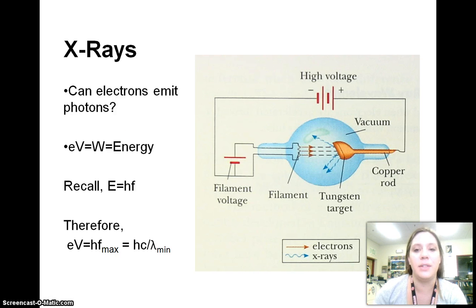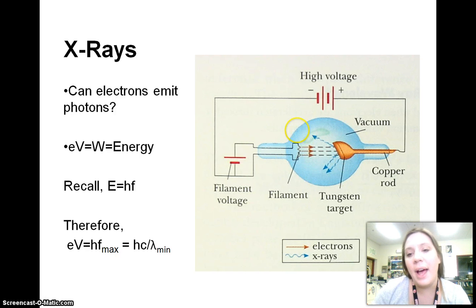We actually first made X-rays in the late 1800s, but we really didn't know what we were doing. Over here, this is the setup for a simple X-ray apparatus. You have a really high voltage source, which is going to cause electrons to fly across this tube really fast, because you've created a huge potential difference.